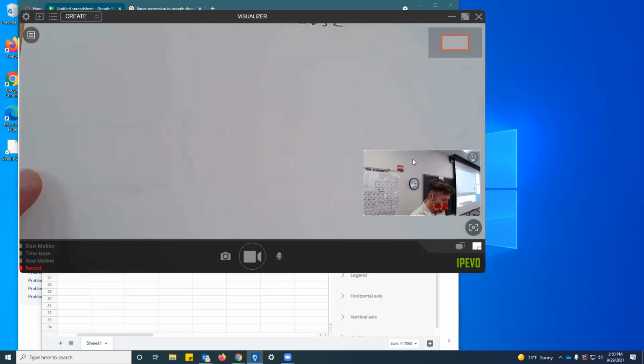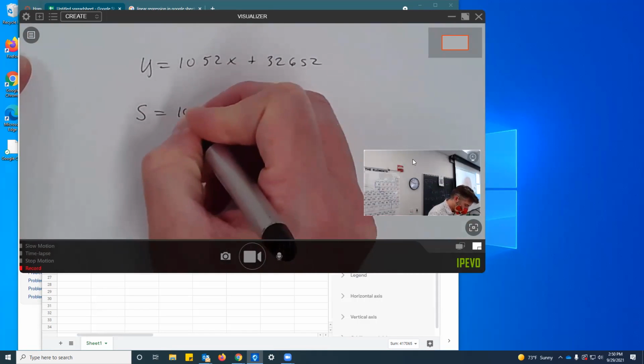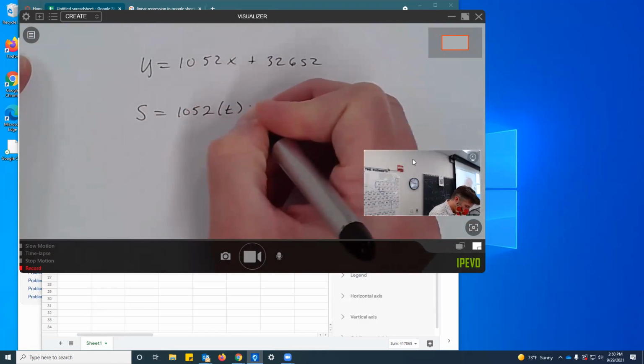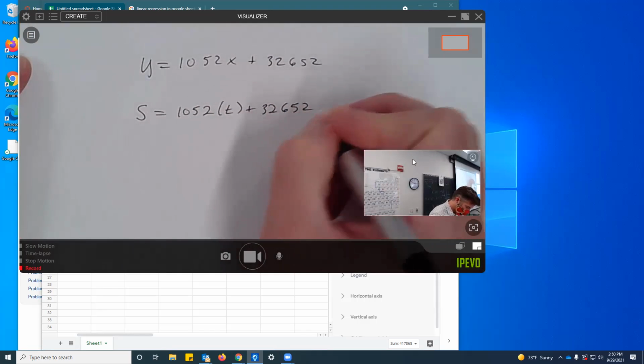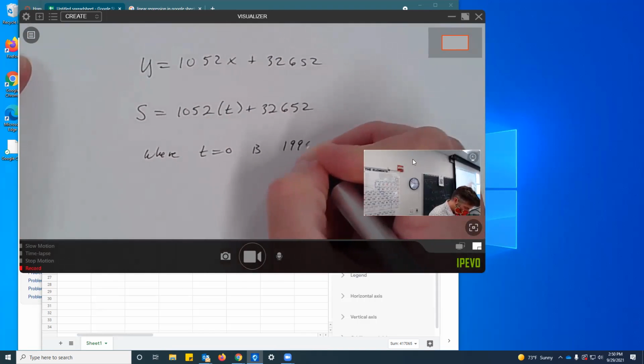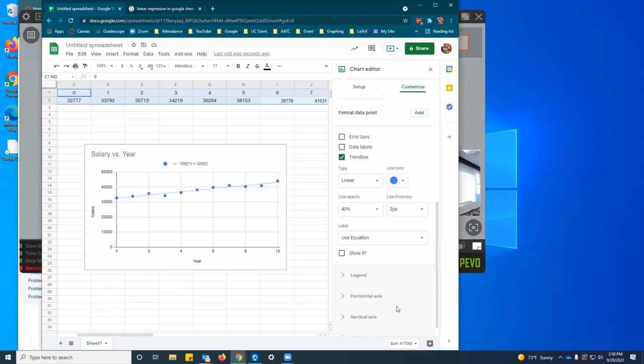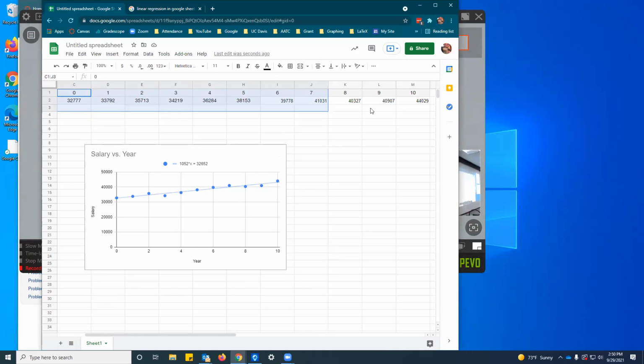Or really, if I was using better variables, I'd write it as salary is 1052 times time plus 32,652, where time equal to 0 is the year 1990. So once you've done it a couple times, it's easy to find the things, but you need to know where the things are. You can also do this using Desmos, which is honestly what I am more familiar with because I've done it before.